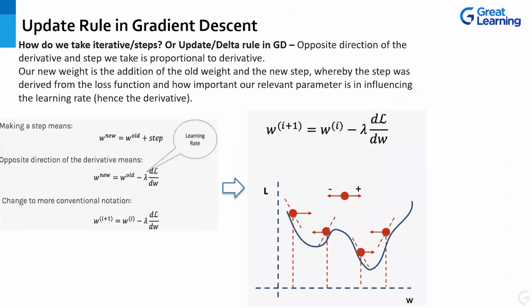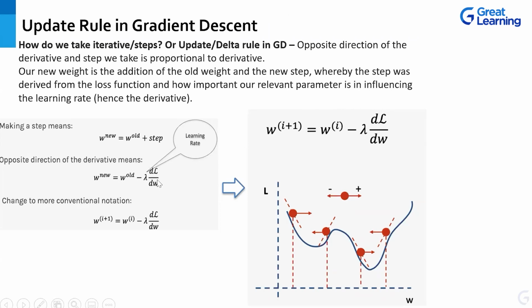You take your new parameter, the weight parameter, which is equal to your old parameter, the existing parameter where you have calculated the slope, plus some step you have to take. That's the magnitude. So the question is how much step we should take. That is told by this expression here.